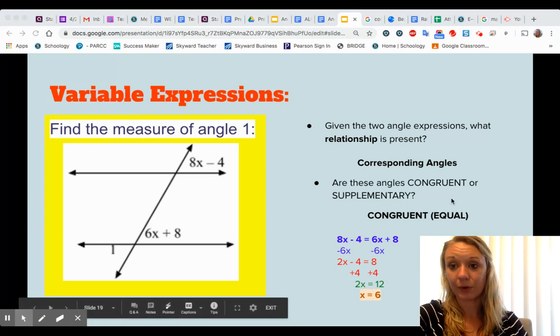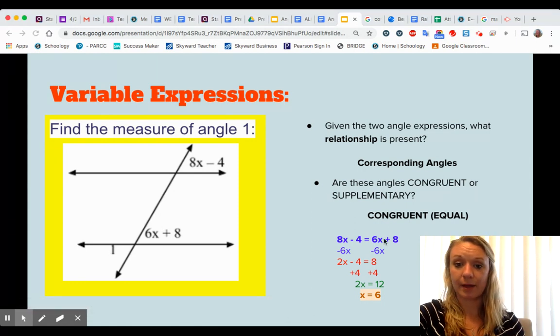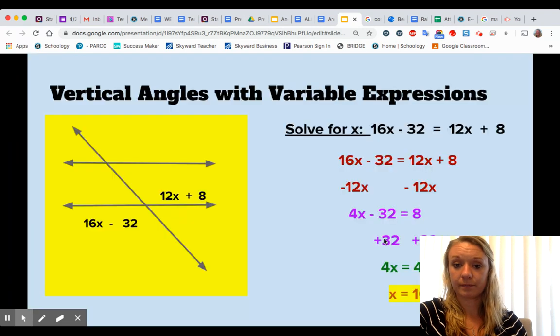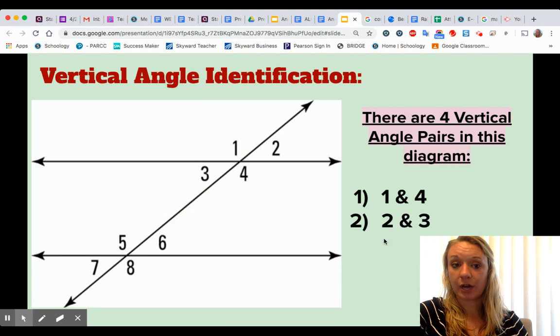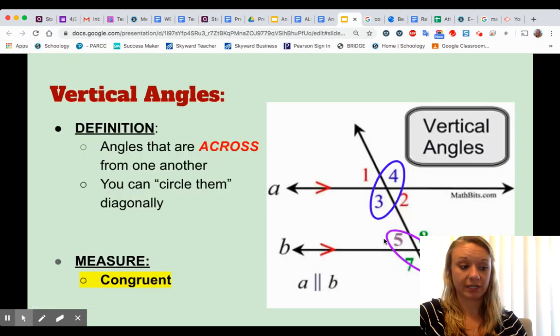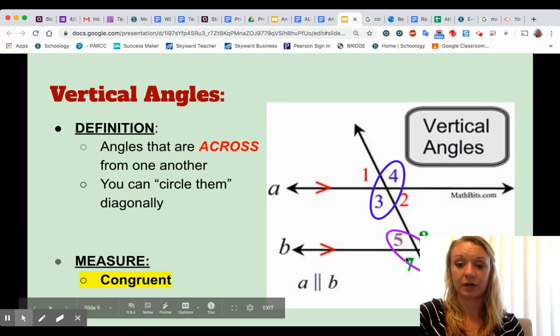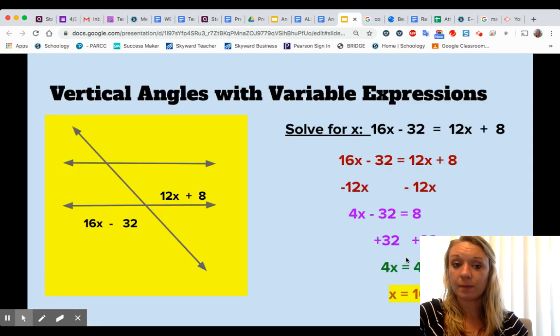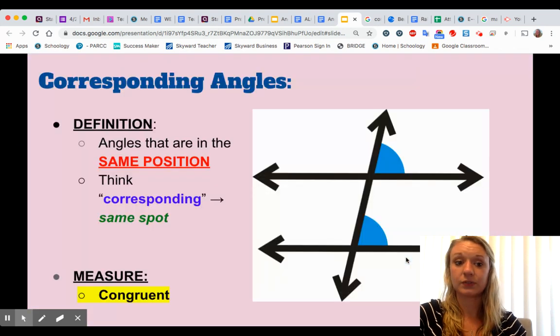So let's quickly sum up here together. Let's go back a few different slides. Today we talked about vertical angles. Those are angles that are across from one another that you can circle diagonally. Those are congruent. So wherever you see vertical angles, those are congruent. We also talked about corresponding angles.